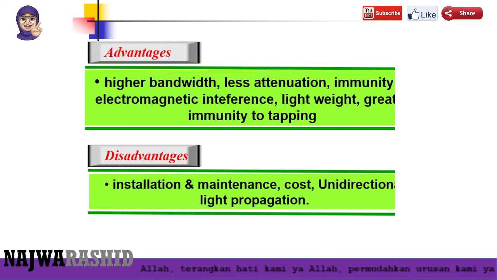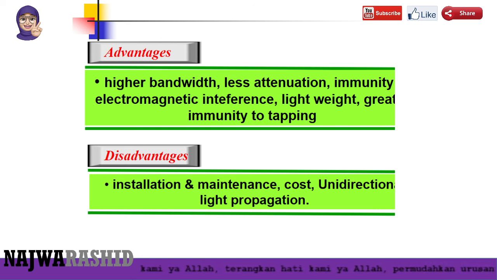it's not really difficult, but we need to be careful. We need to take good care in the process of installation, because we deal with glass, and the maintenance cost. So basically when we talk about the fiber optic, it is expensive.